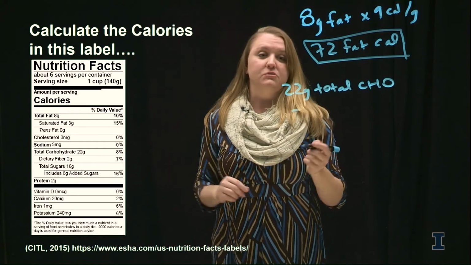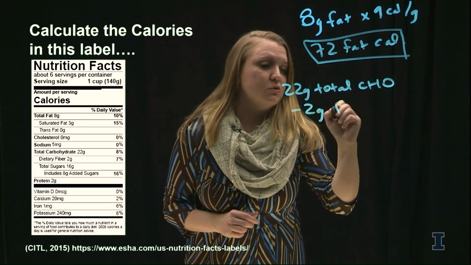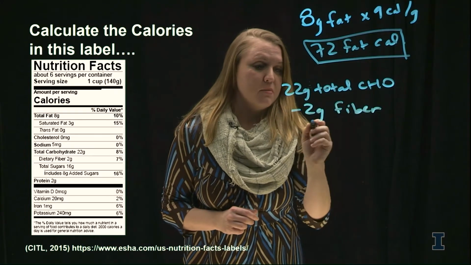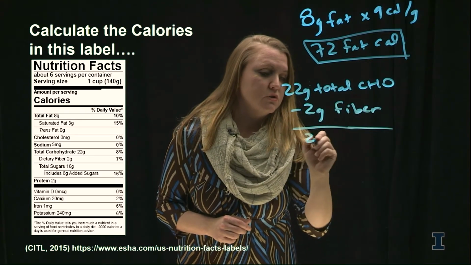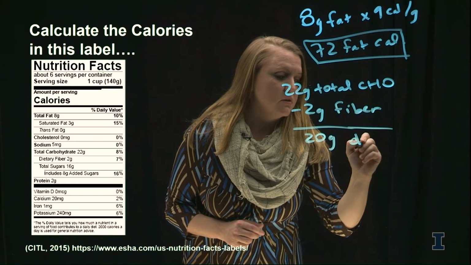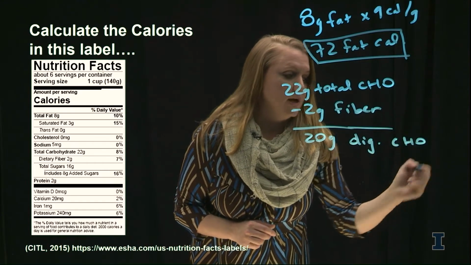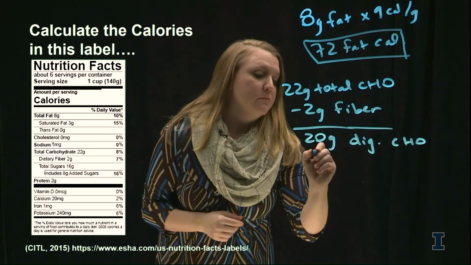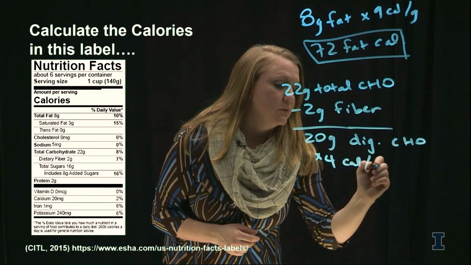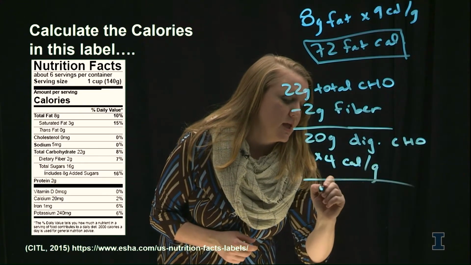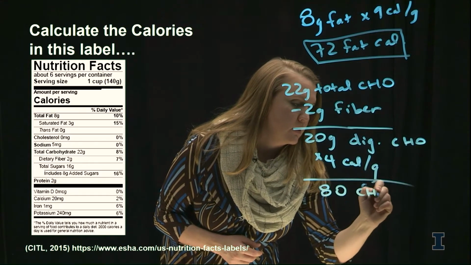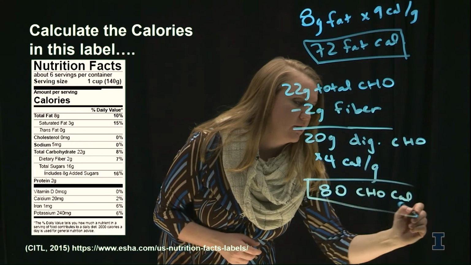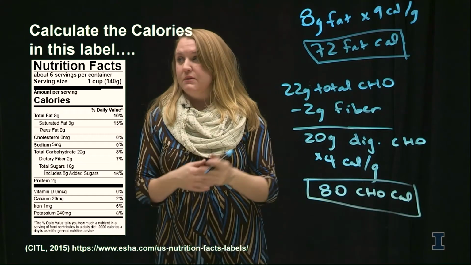So we subtract out 2 grams of fiber to give us 20 grams of digestible carbohydrate. We can then take the 20 grams of digestible carbohydrate, multiply it by 4 calories per gram to give us 80 carbohydrate calories. So that's how we find out the total carbohydrate calories.